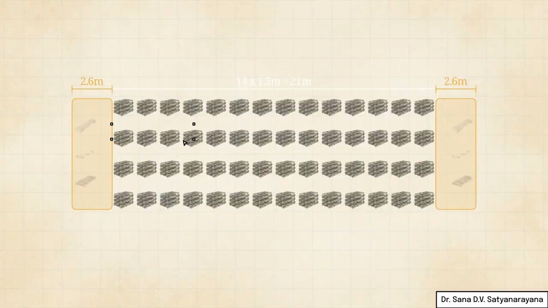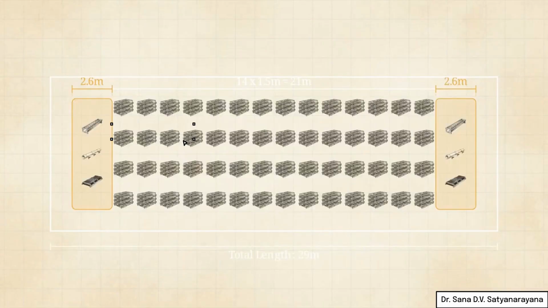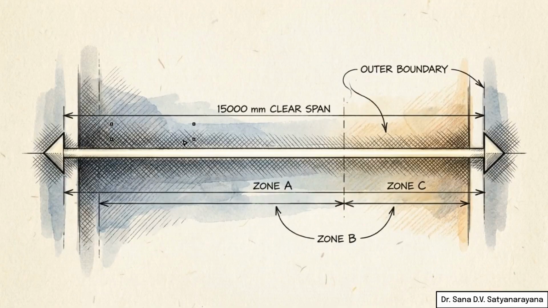To accommodate automated feeding, drinking, and manure removal equipment, an additional 2.6 meters of operational space must be added to both the front and back of the rows. This sets the final mathematically derived length of our commercial shed at roughly 29 meters.